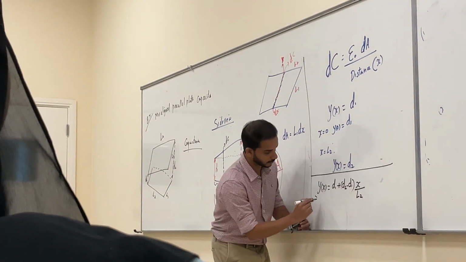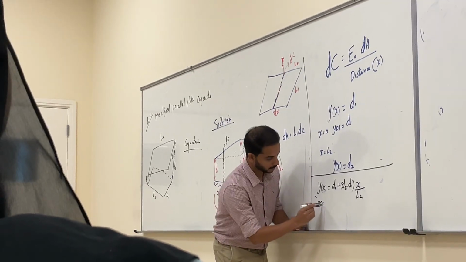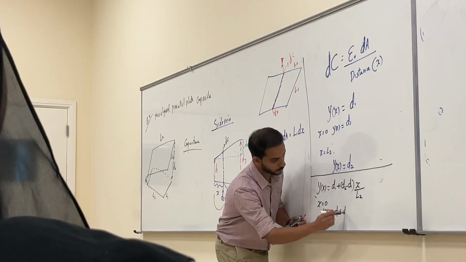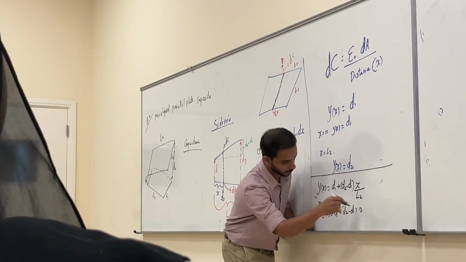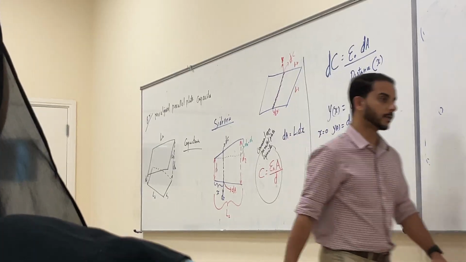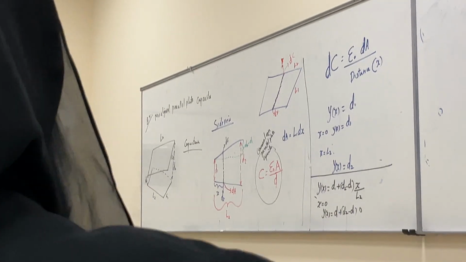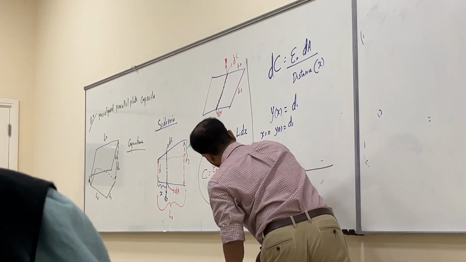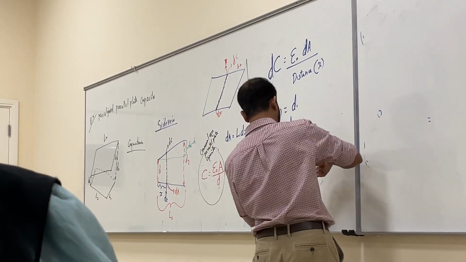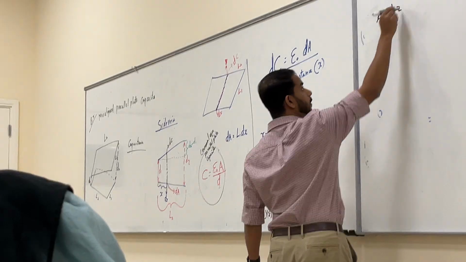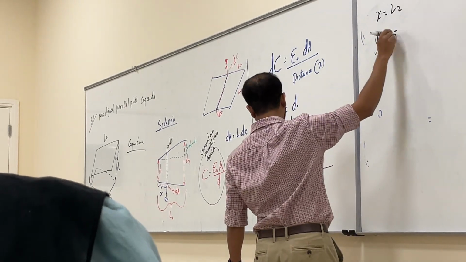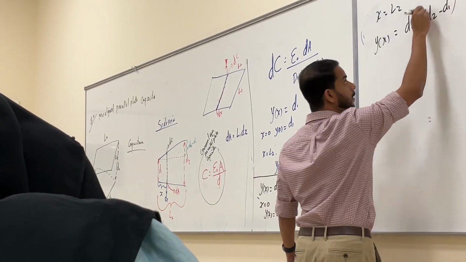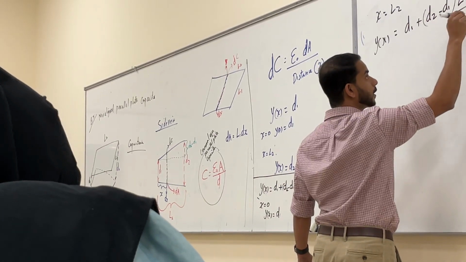Just check when x is equal to 0, my y of x will be equal to d1 plus d2 minus d1 times 0. That will be d1. And when x is equal to L2, my y of x will be d1 plus d2 minus d1 into L2 over L2.